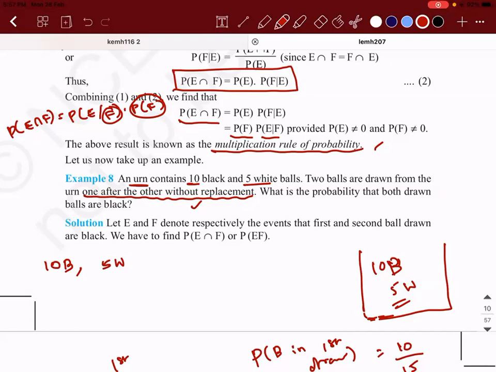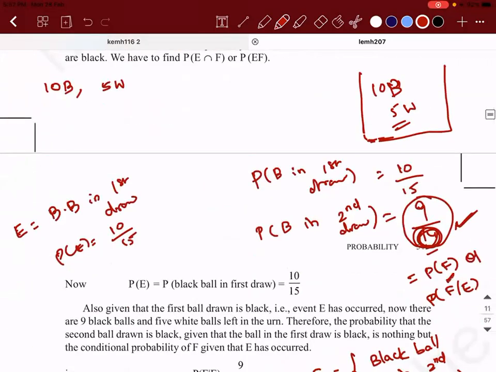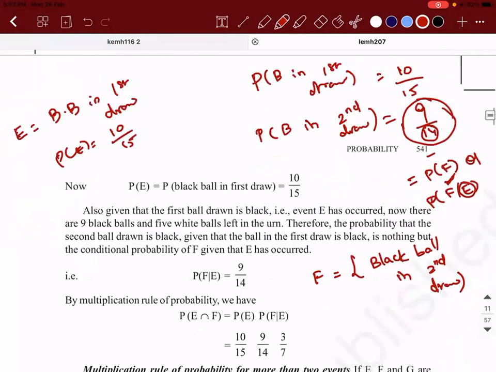It is not probability of F because you did it without replacement. It means the probability of getting a black ball in the second draw, knowing that in the first draw you already got a black ball, is 9 by 14. Because what has happened, this is what I'm trying to stress upon. The sample space itself has got changed. So it is not F, it is rather F given E.